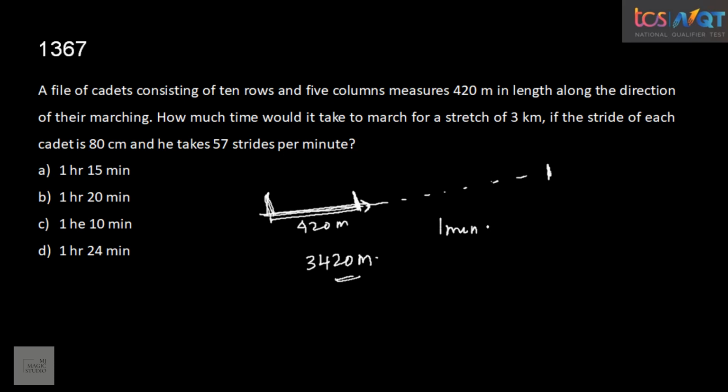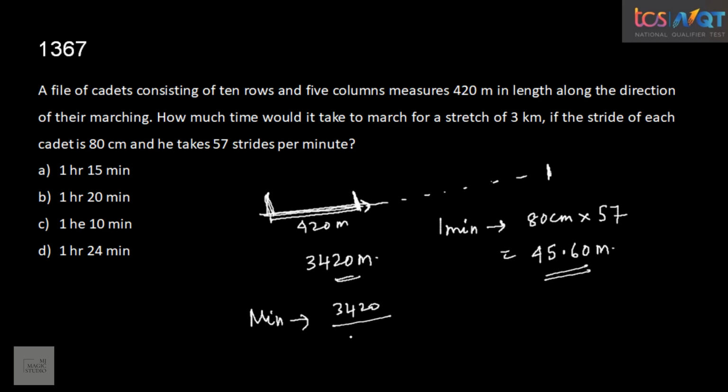Okay, so in 1 minute, the distance covered by one cadet is 80 centimeter into 57 strides, 4560 centimeters. So it is 45.60 meters. In 1 minute, a cadet is covering 45.60 meters. So how many minutes are required to travel 3420?